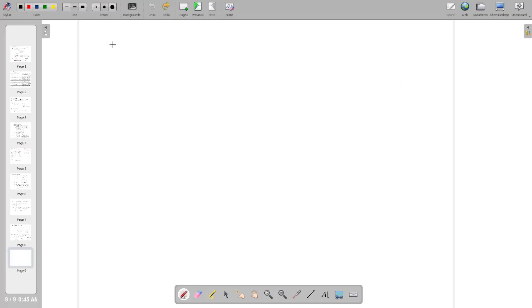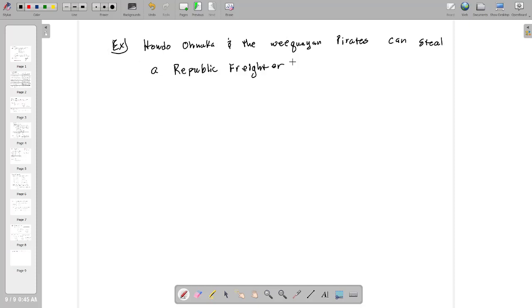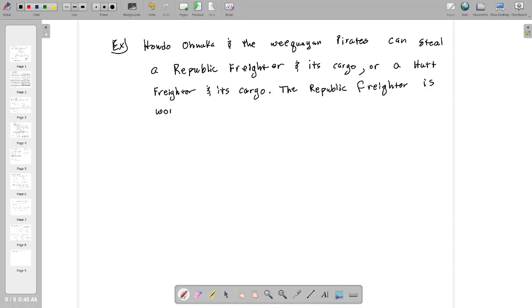Now let's talk about another example, but in the context of modeling. Ando Onaka and the Wequayan pirates can steal a Republic freighter and its cargo, or a Hutt freighter and its cargo. The Republic freighter is worth 150,000 credits, and its cargo can be sold for 1,000 credits per crate.